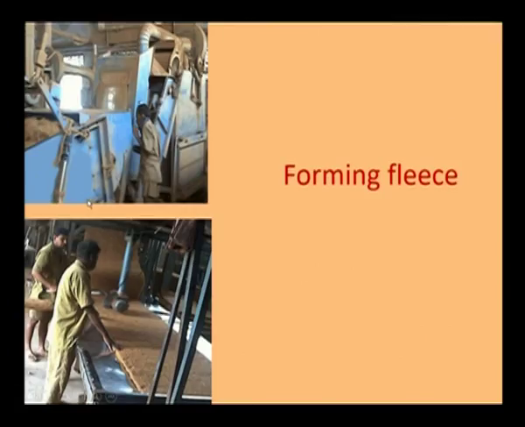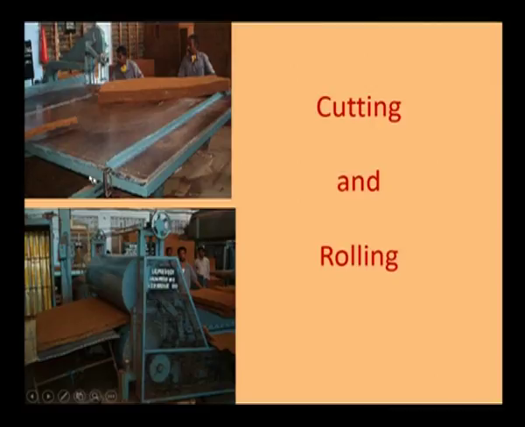The second step is to uncurl the coir. The uncurled coir is taken out, it is brushed, it is made into a single fiber, then it is made into sheets. The sheets are called fleece. The fleece which is taken out is cut into desired shape, then it is rolled in a machine.